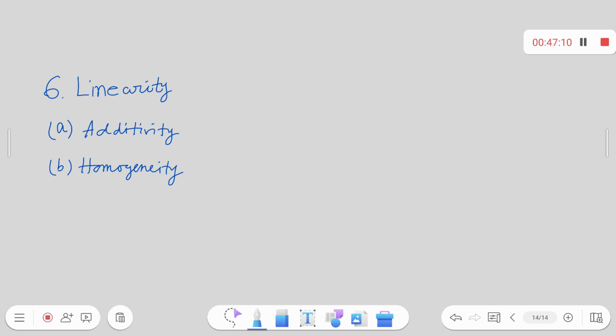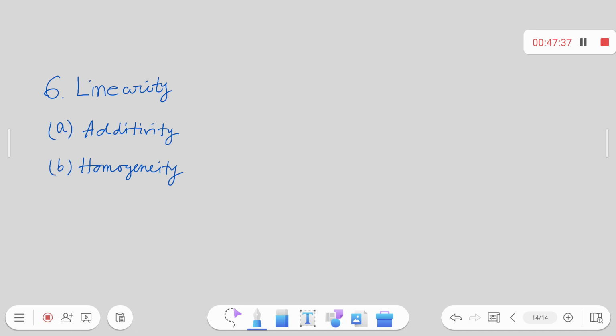The system can be additive but not homogeneous. It is non-linear. The system can be homogeneous but not additive. Still non-linear. Neither additive nor homogeneous, obviously it is not linear. Only if the system is additive as well as homogeneous.